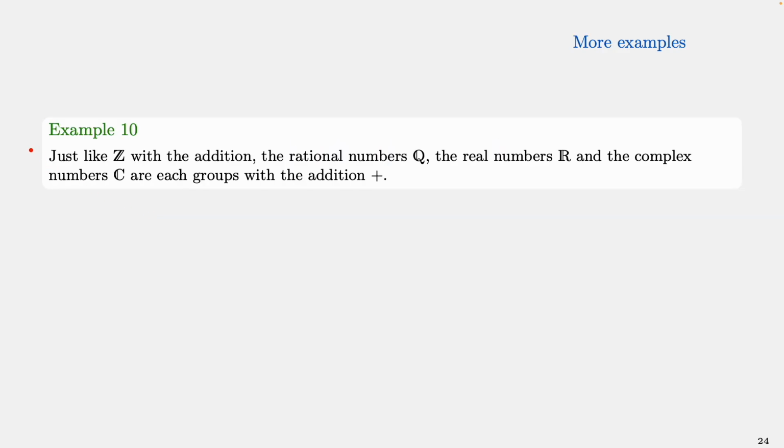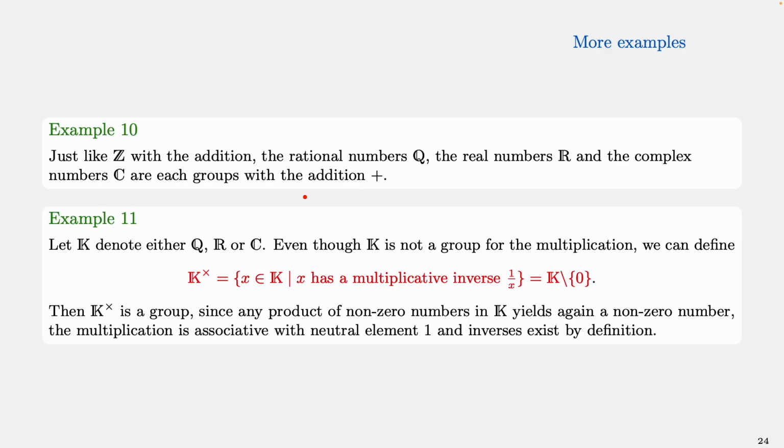But let's look at some additional positive examples of groups. So we've seen that Z with the addition is a group, and in exactly the same way we can convince ourselves that the rational numbers with the addition, the real numbers with the addition, and even the complex numbers with the addition are groups. And to vindicate the multiplication a little bit, well, let's use this letter hollow K to denote either the rational numbers, the real numbers, or the complex numbers.